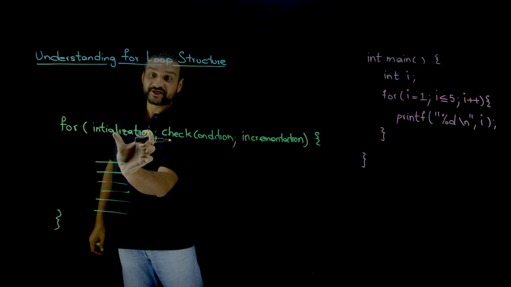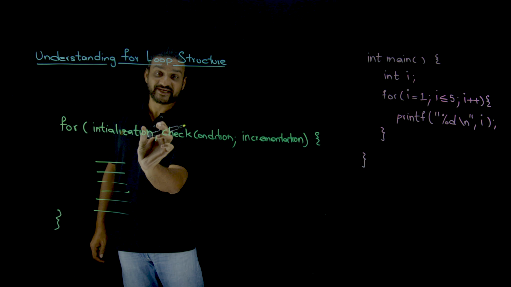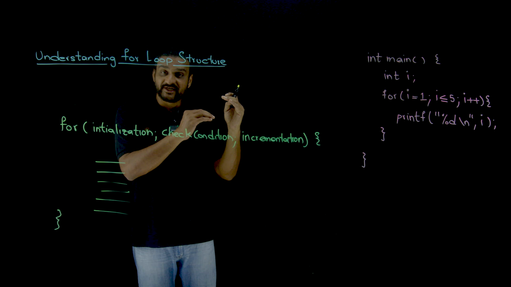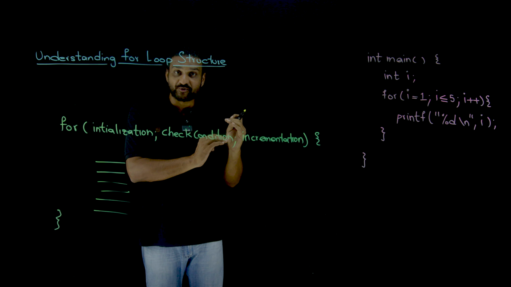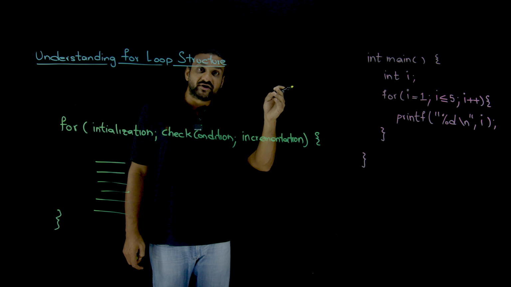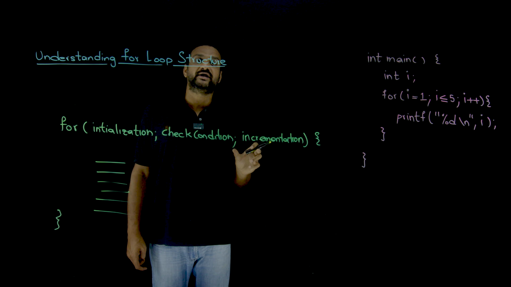The first statement is the initialization statement. Why I am calling this a statement is because every statement ends with a semicolon. As we have seen in our programs so far, everything which ends with a semicolon is considered as one single line of code or a statement of the program.